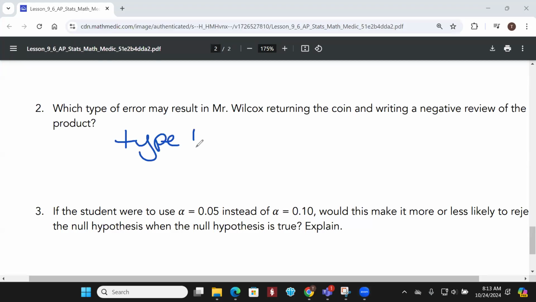Because we're saying that, hey, it works, and then a kid comes up and says, no, it doesn't. That would be upsetting. He would want to return it. That's a little excessive, but it's okay. So he would return the coin even though it's working.